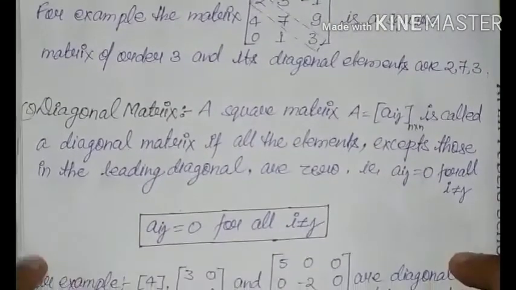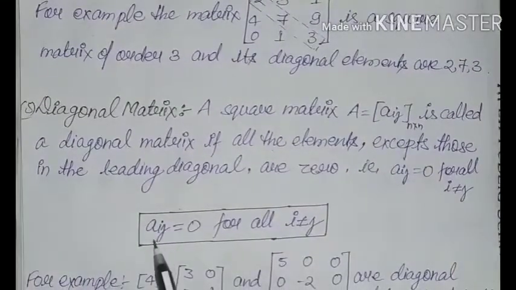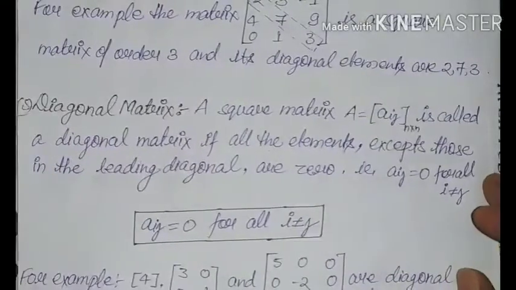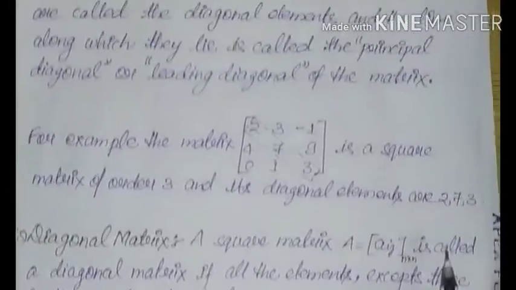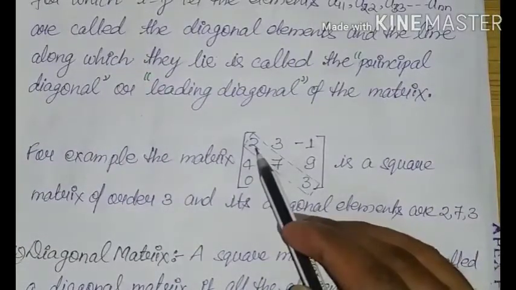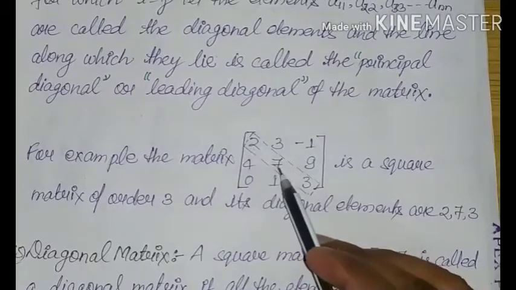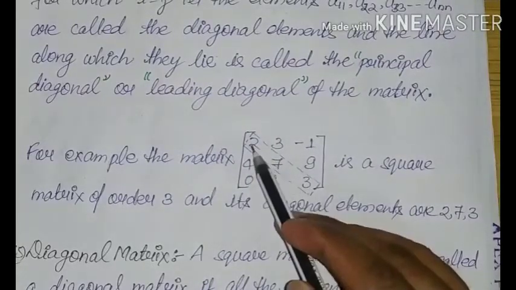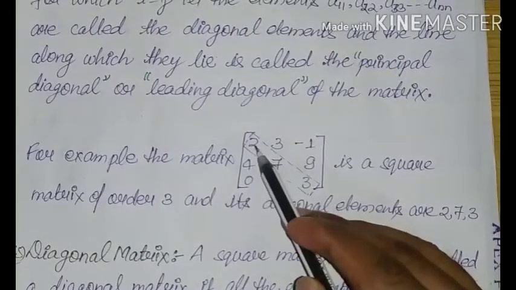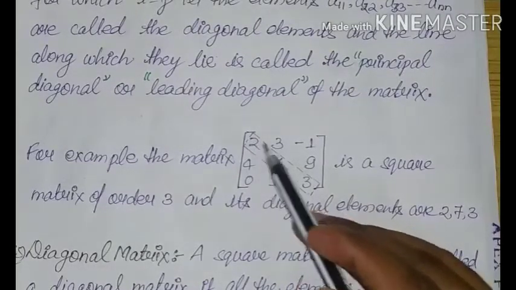This is the most important thing: Aij equals 0 for all i not equal to j. In a diagonal matrix, the diagonal is the place where i equals j, that is A11, A22, A33. A11 means i is 1 and j is 1.